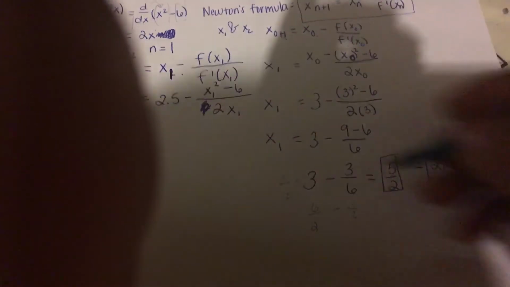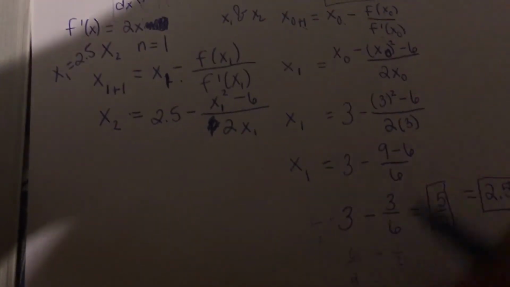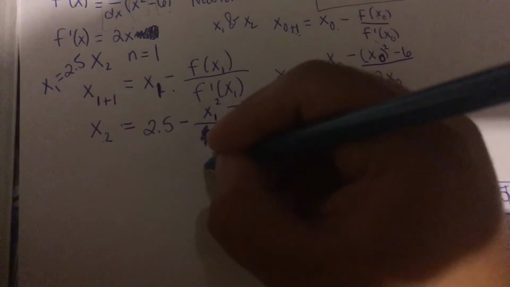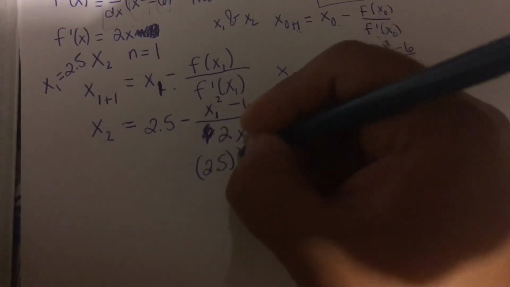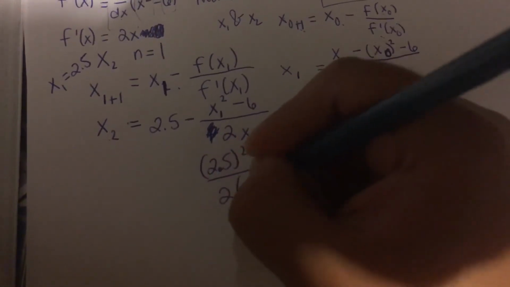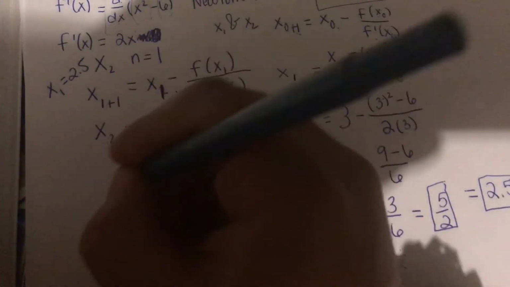Since we already know what x sub 1 is, which is 2.5, let me put this in the corner so I don't confuse myself. x sub 1 is equal to 2.5. We're going to square that, minus 6, over 2 times 2.5, minus 2.5. There we go.